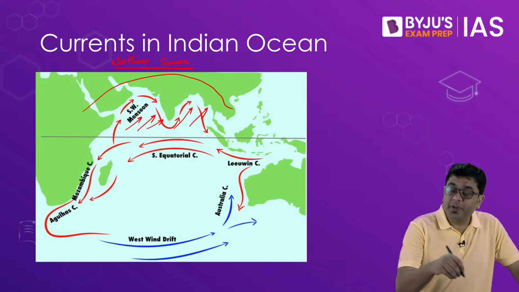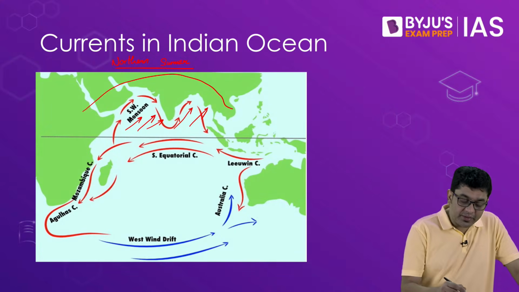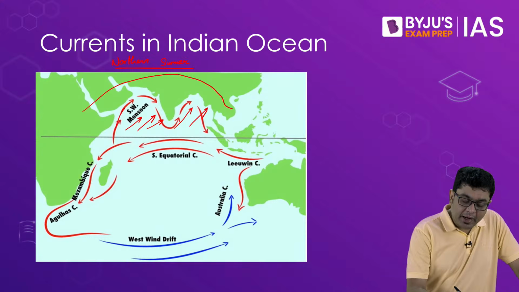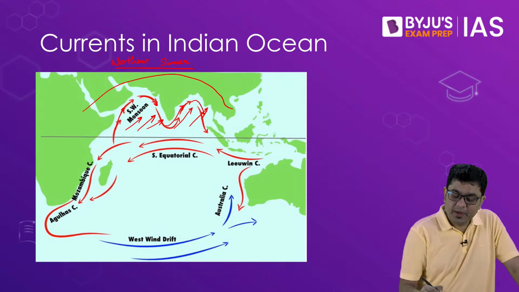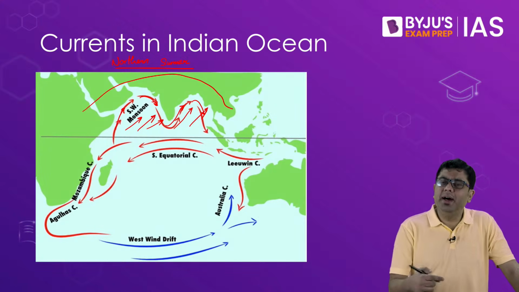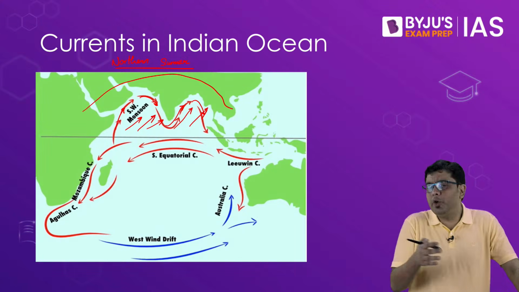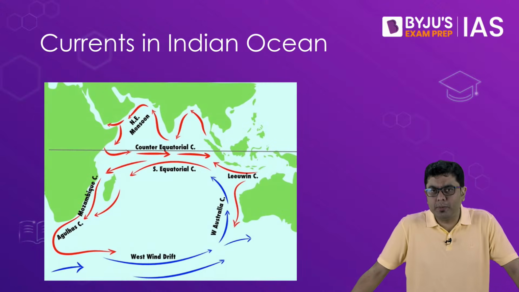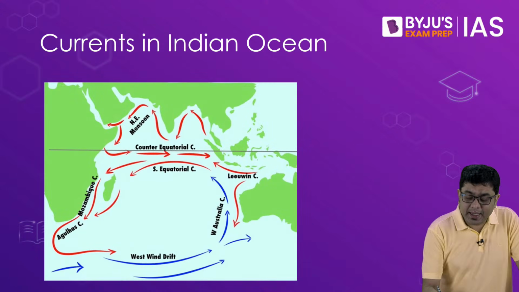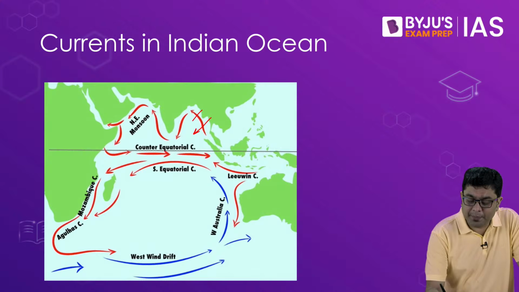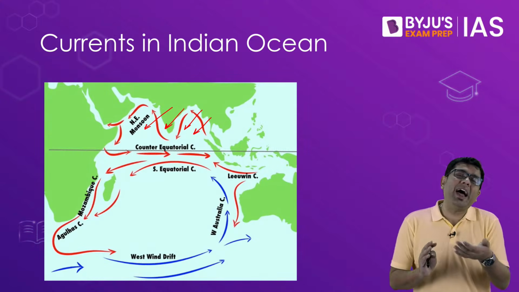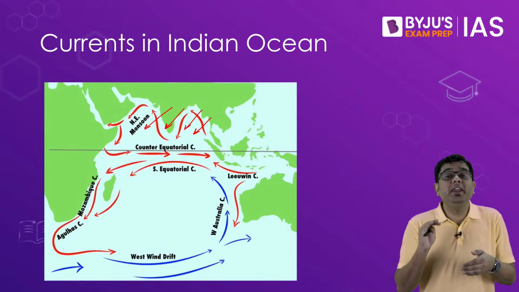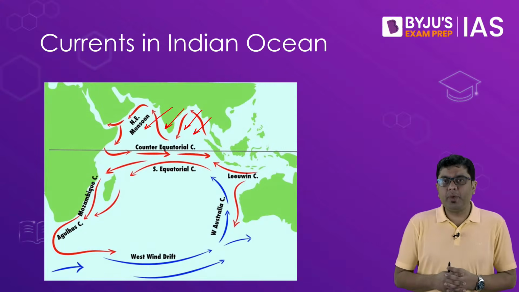So that is why observe the water movement also in this region to be that of around southwest to northeast. But then during the northern winters or during the time of the retreating and the northeast monsoon, the wind pattern completely reverses over the Indian subcontinent. And the wind pattern now becomes northeast to southwest. So accordingly, that will initiate a change in the direction of the ocean currents as well.